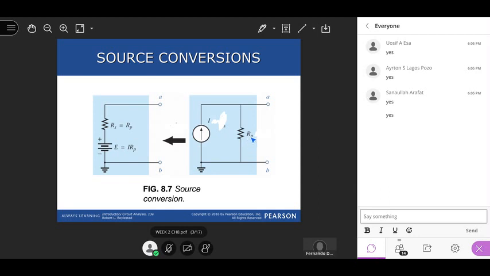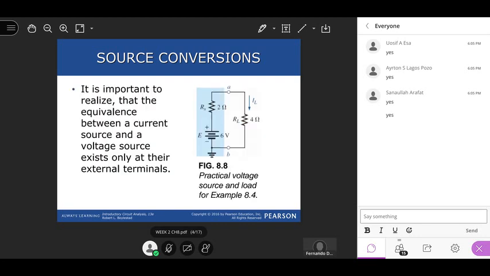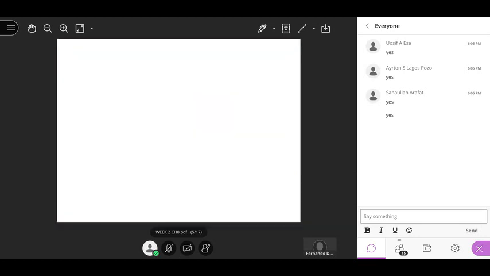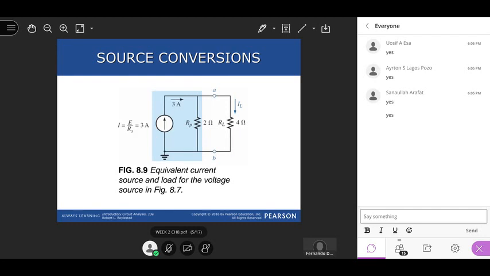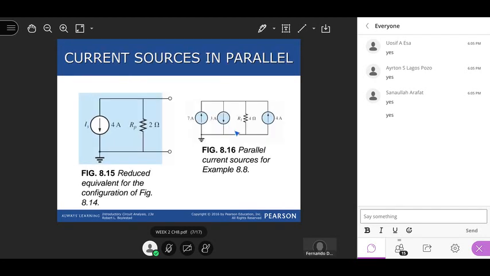Voltage is equal to I times R. So we get the voltage, and then RP is equal to RS in series, and this is the conversion. Basically, this source here is equivalent to this source, and vice versa, right? So we did an example of how to do it, and then we showed that IL was the same in both cases.